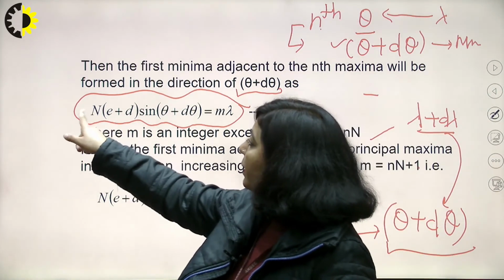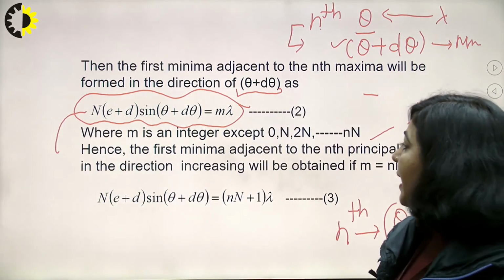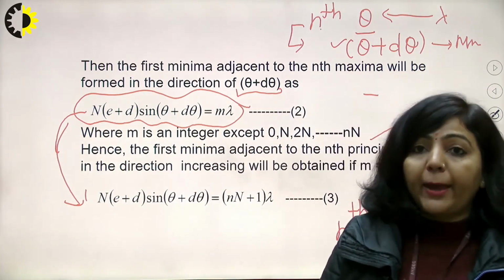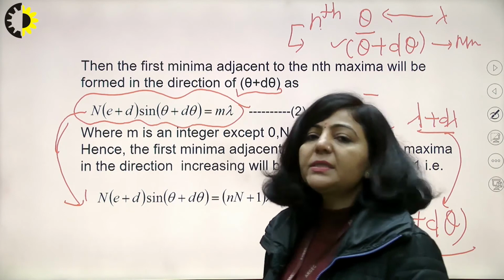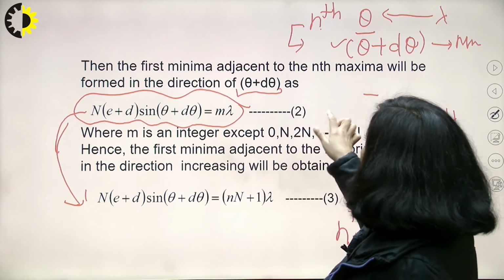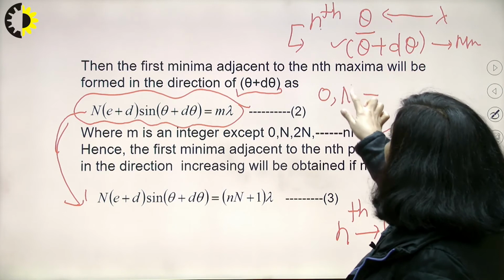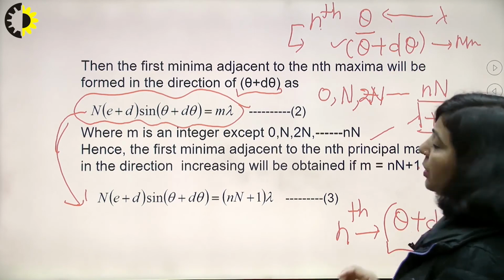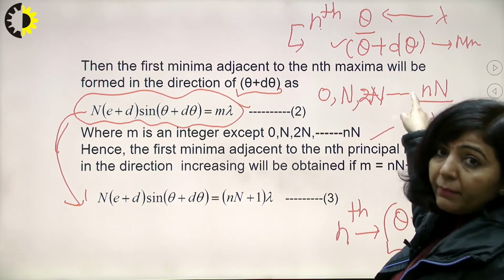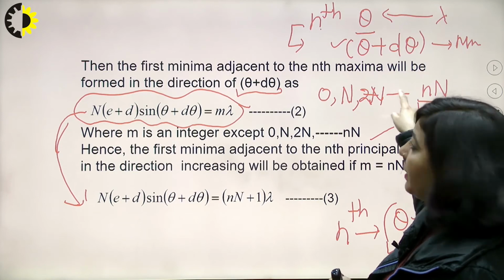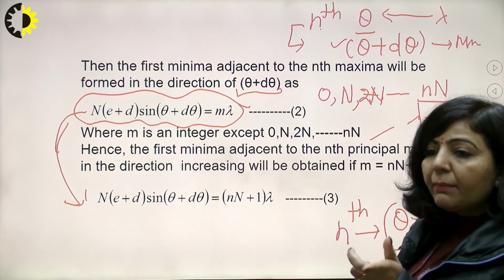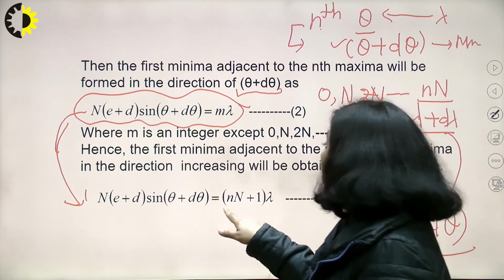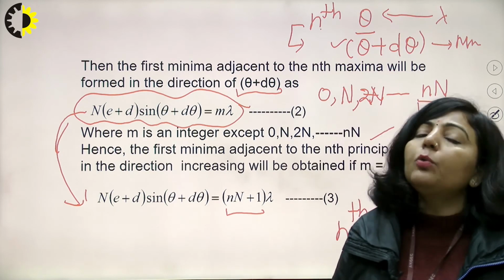So what I am going to do here, you have (e plus d) sin(theta plus d theta) equals m lambda. First I am going to decide the value of m. In the case of minima, m can take all possible values except 0, N, 2N, 3N up to n times N. For the nth order maxima, the order will be nN. It means the minima next to that nth order maxima can have order nN plus 1, or you can take nN minus 1.